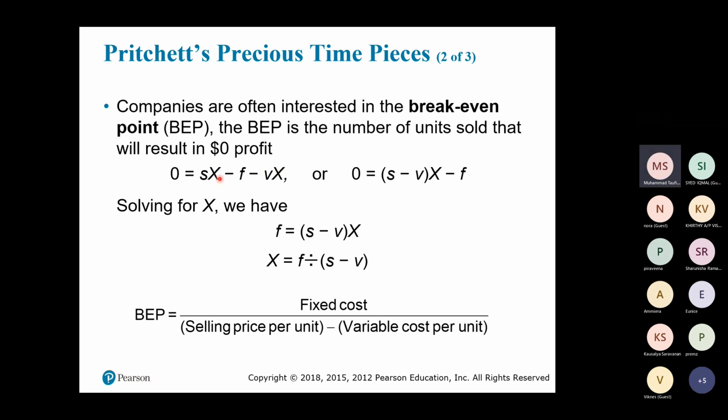Then you can rearrange this equation and it becomes 0 = (S - V) multiplied by x - F. Rearranging again, F = (S - V) multiplied by x. Now you want to know the value of x, so x = F divided by (S - V).